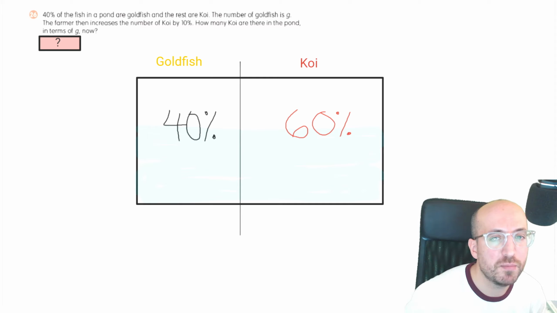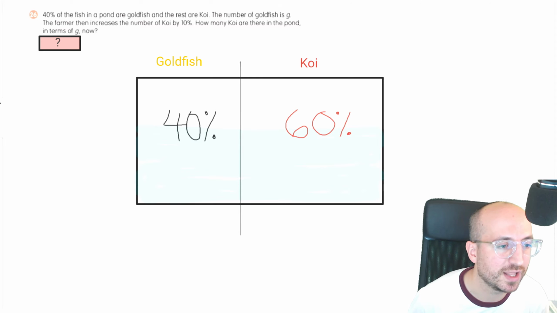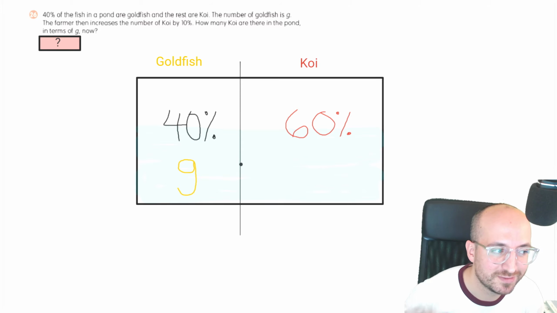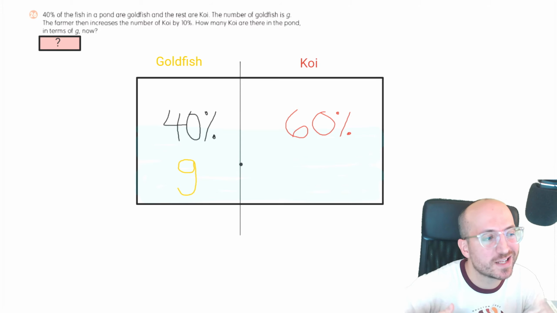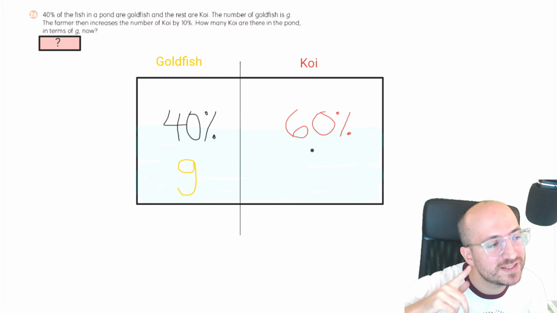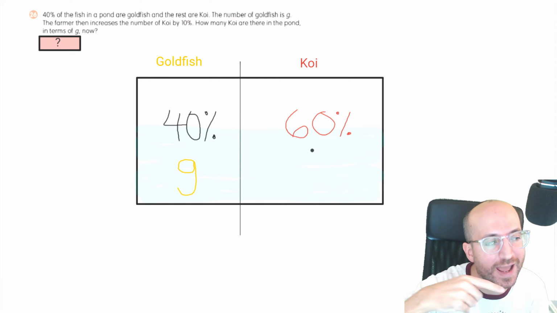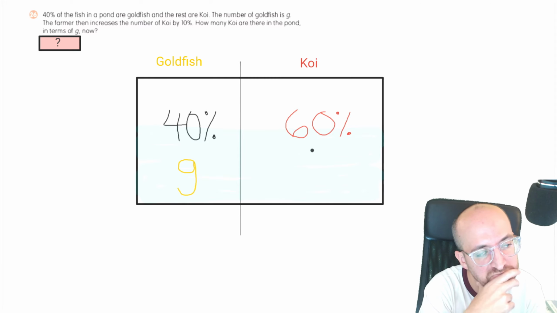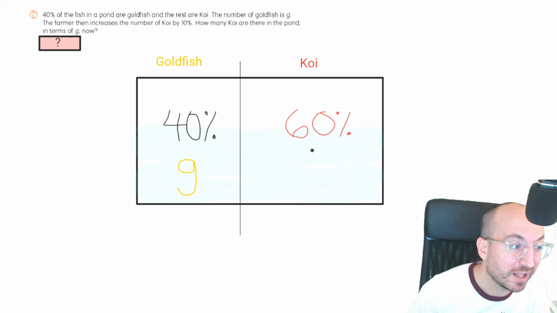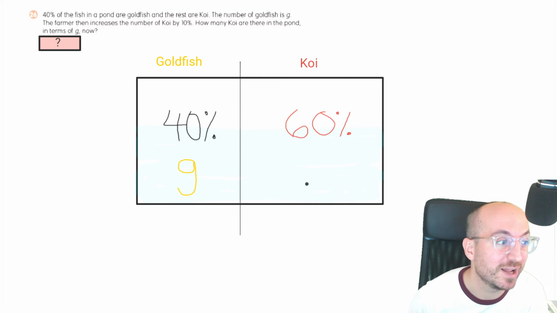All right. The number of goldfish we are going to label G. So however many are in there at the beginning is G. Right now, this isn't in the problem, but let me just ask. How much koi is there in terms of G now? Would you say it's like 1 G here and 1 G there?